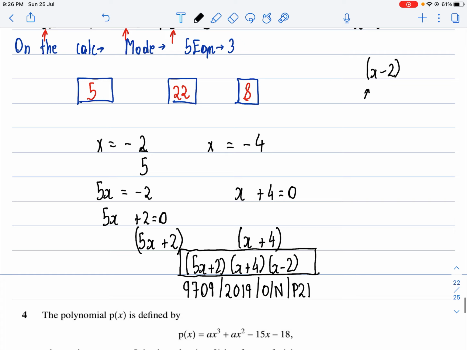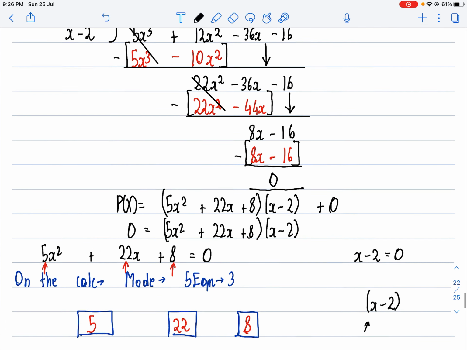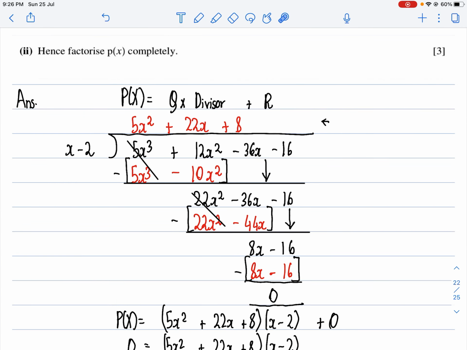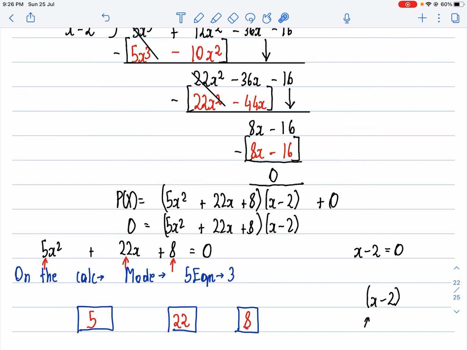Really simple. So I'll again go over the steps. For factorization, you need to write p of x in the quotient into divisor plus remainder form. In some sums, you already have your quotient, so you don't need to attempt long division all over again. You can simply go to this step here.